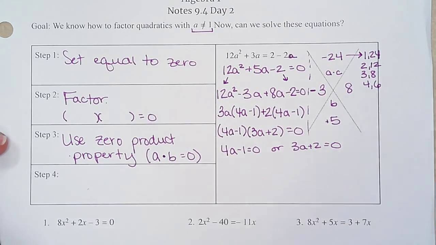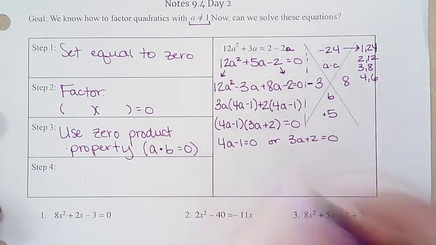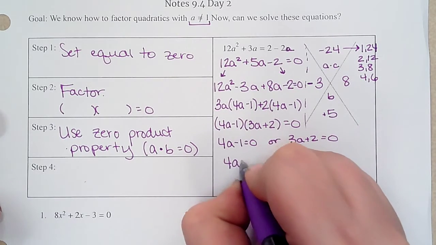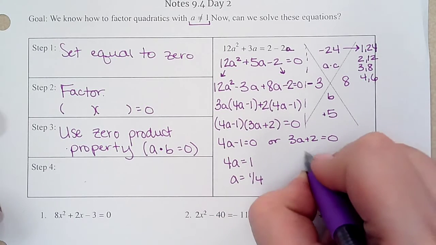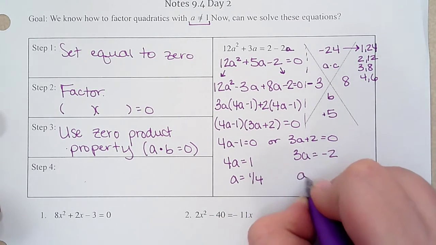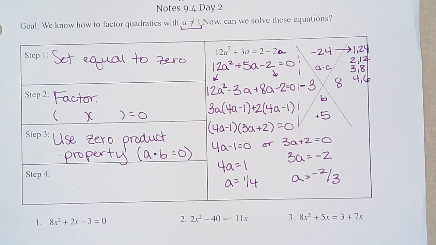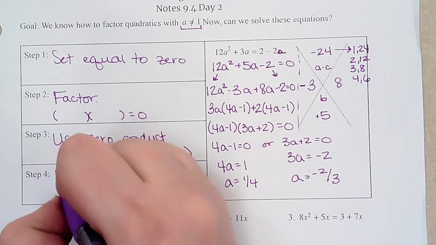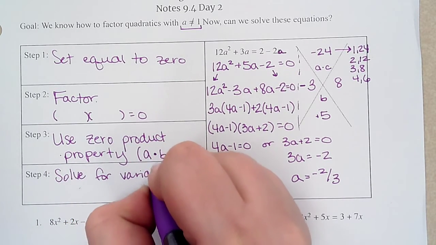We've worked with this extensively up to this point. So I'm going to assume that once we've set it equal to 0, we can solve and get a equals 1/4, or a equals negative 2/3. Once we've used that 0 product property, we're going to solve for our variable.